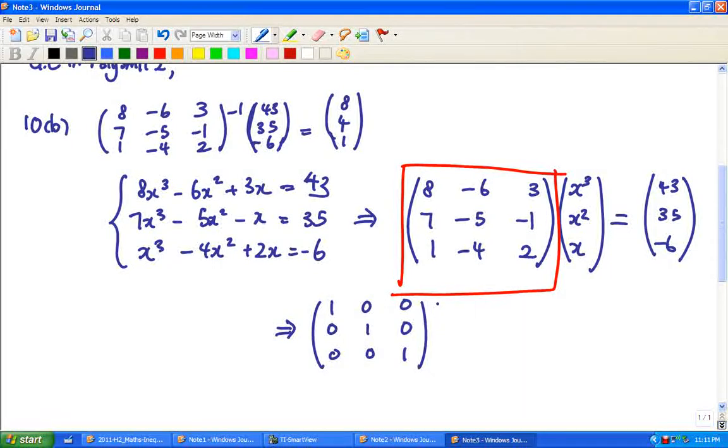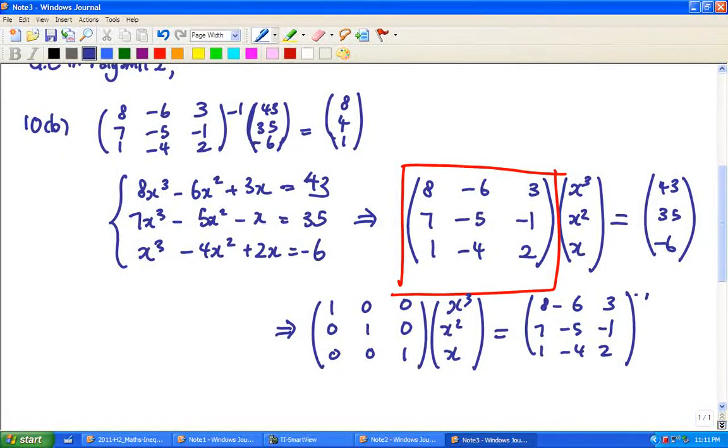But the identity matrix multiplied by any vector is the vector itself. So we get the inverse matrix 8, negative 6, 3, 7, negative 5, negative 1, 1, negative 4, 2, multiplied by 43, 35, negative 6.